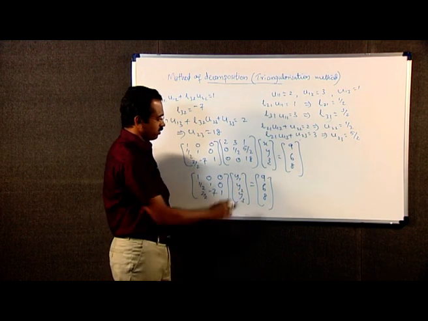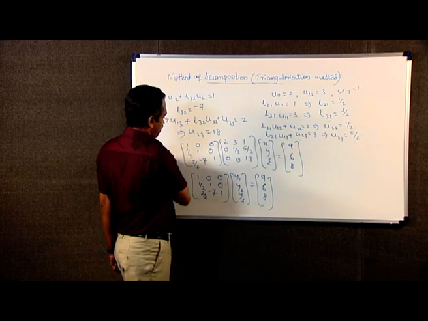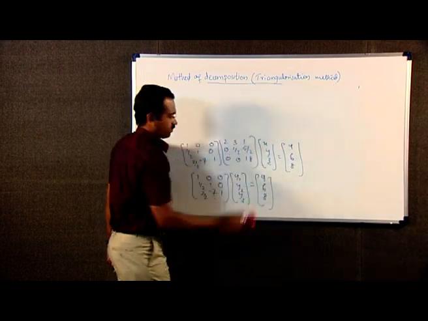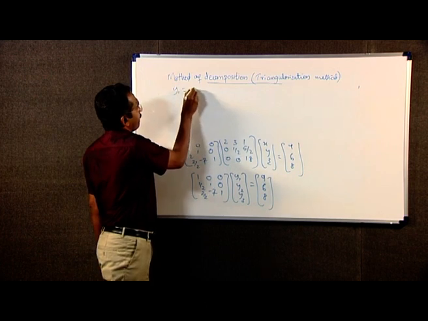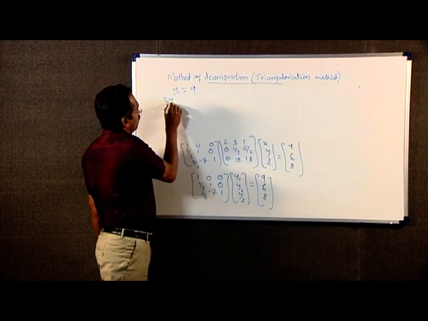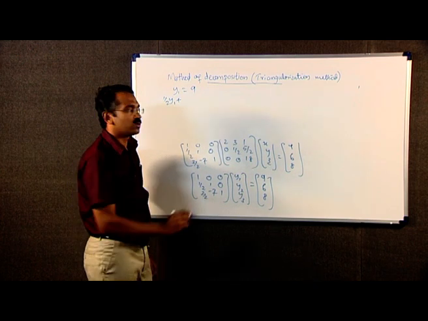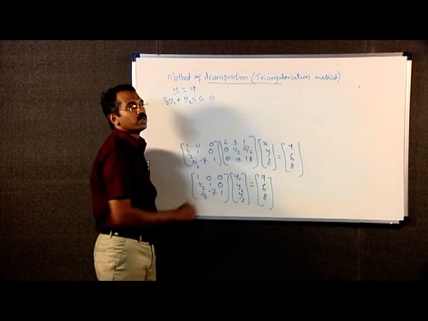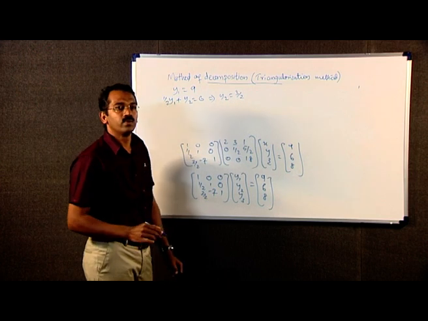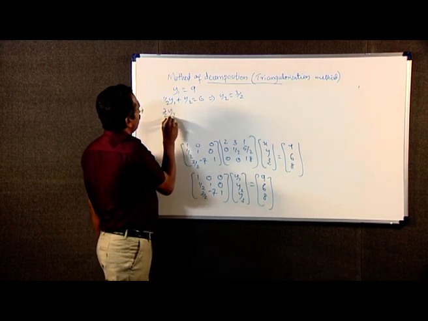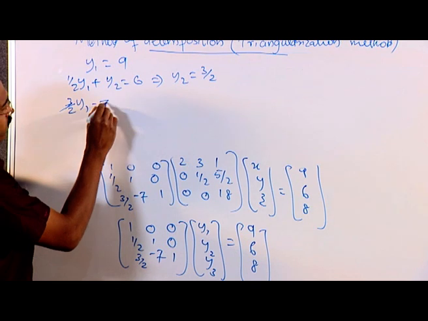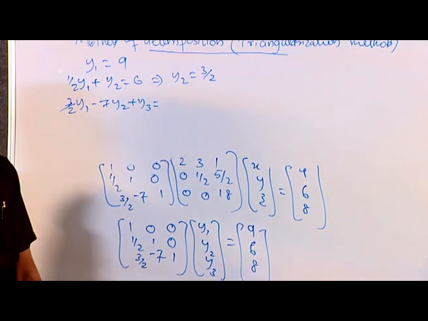On solving by forward substitution, we get y1 is equal to 9. 1 by 2 y1 plus y2 is equal to 6 gives y2 equal to 3 by 2. 3 by 2 y1 minus 7 y2 plus y3 is equal to 8.